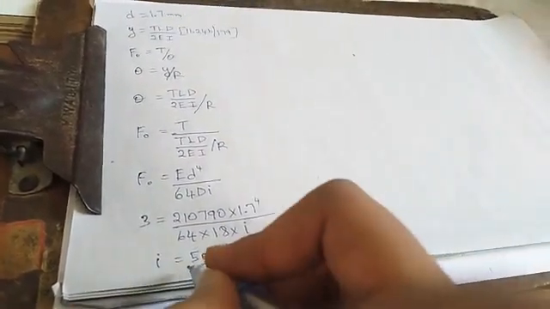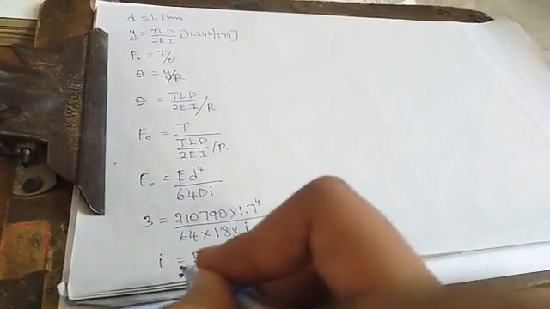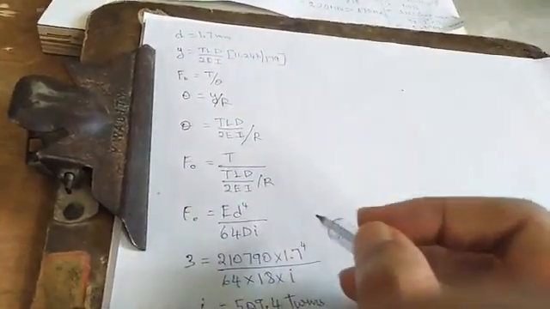So we shall approximate this to 510 turns. Now we shall find the deflection y.